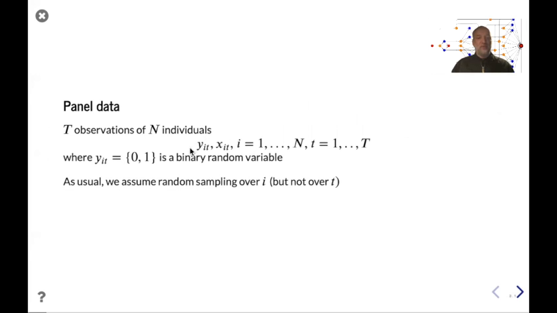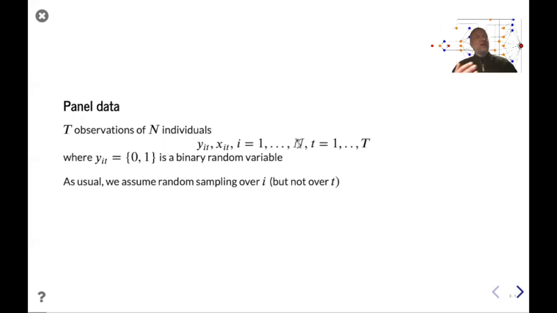So we have data on the binary outcome Y_it that takes values 0 and 1 every single period for each individual. And then we have a bunch of explanatory variables, X_it, that are also observed for the t time periods for n individuals.